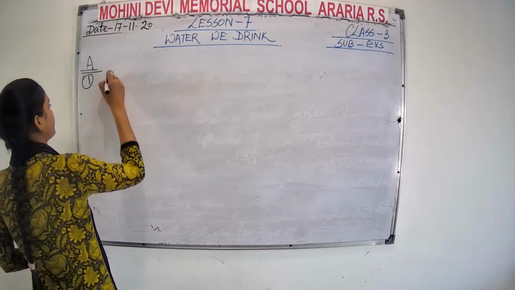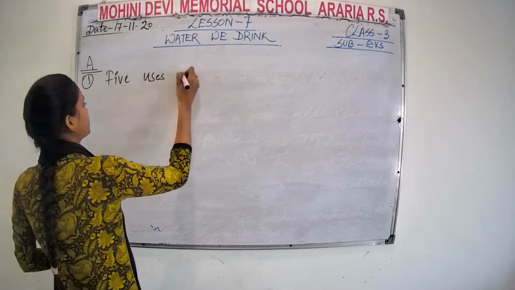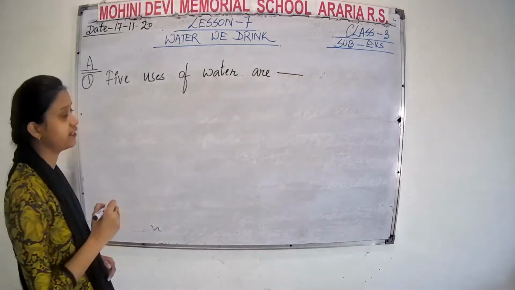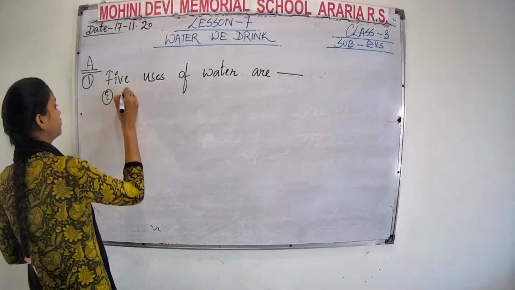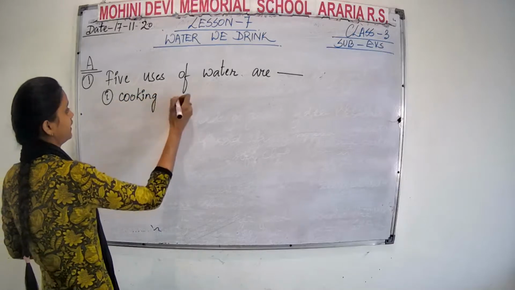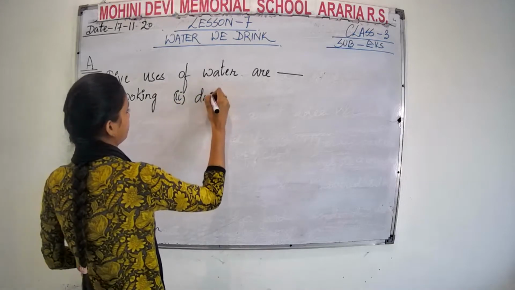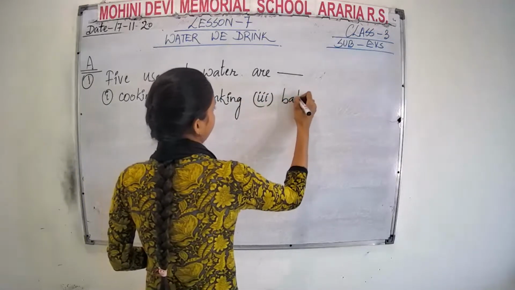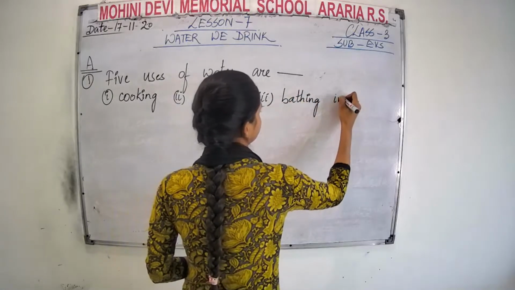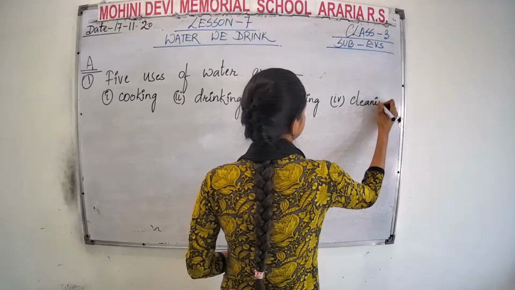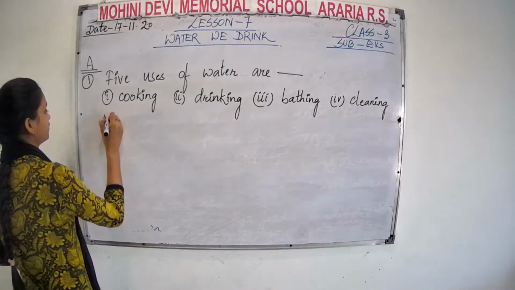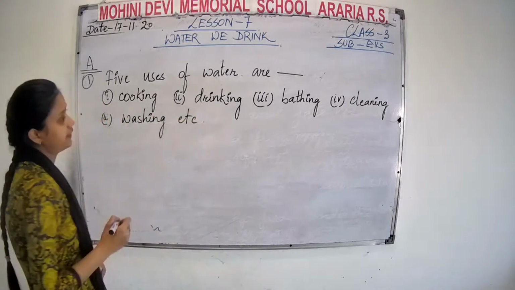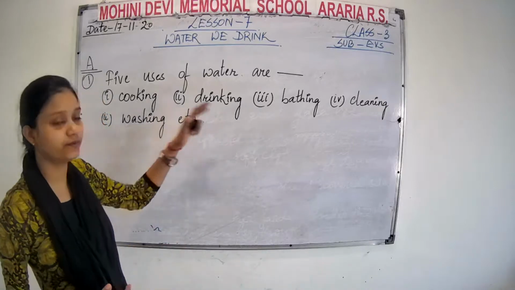So we can write, 5 uses of water are, in which activity we use water, that is cooking, drinking, third is bathing, fourth is cleaning, or you can write washing, etc. If you remember more points, more uses, then you can add on here.